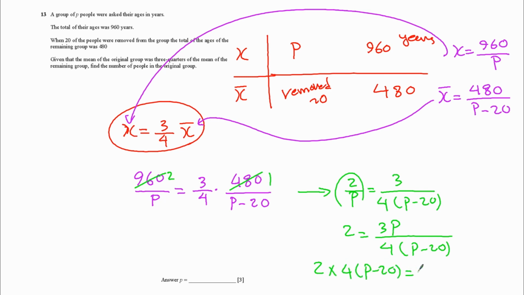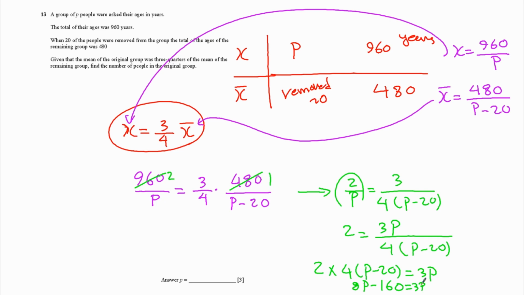I'm going to expand this. So 2 times 4 is 8, so 8 times P and 8 times minus 20, so 8P minus 160 equals 3P. And if I take the 3P to the other side, it would be 5P equals 160.